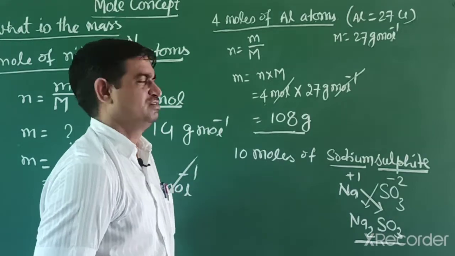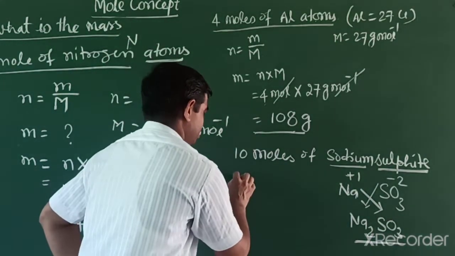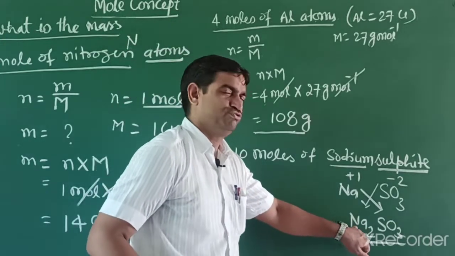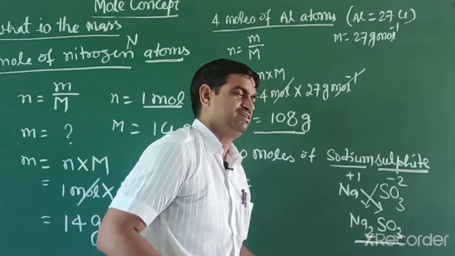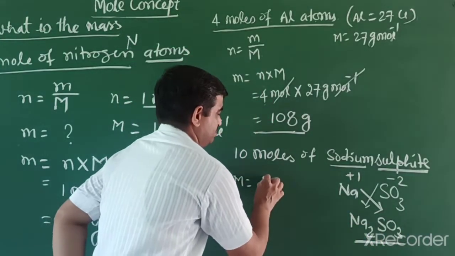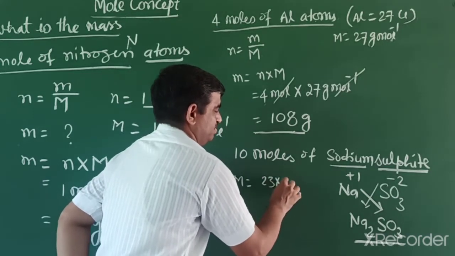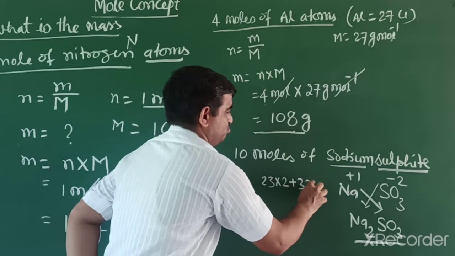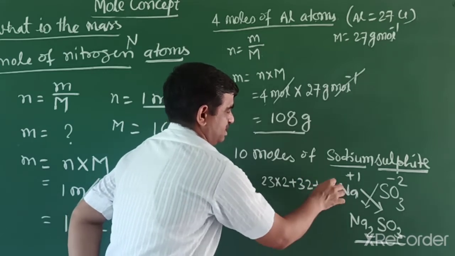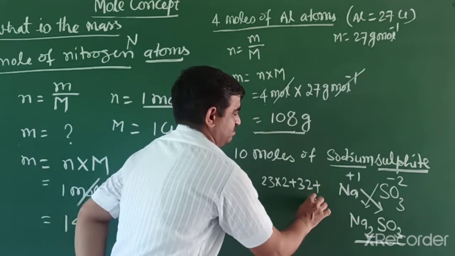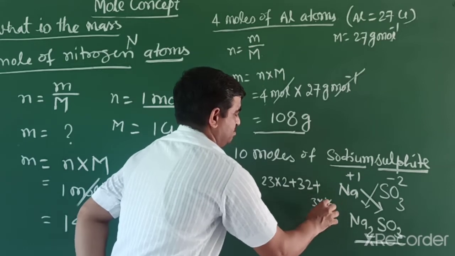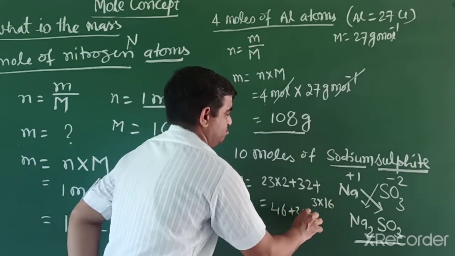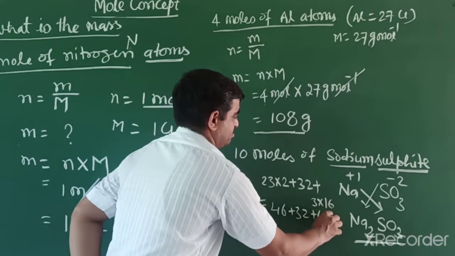So at first you have to find its molar mass. How can you find molar mass? 2 sodium, 1 sulfur, 3 oxygen. Sodium is 23, so 23 into 2 plus 32 plus, again there is oxygen, 3 into 16. So you solve, 46 plus 32, then 48.